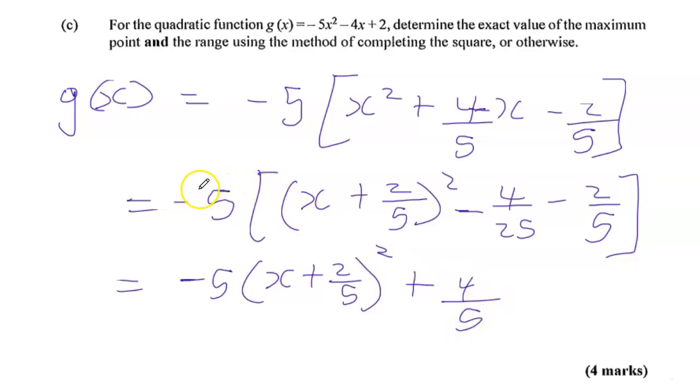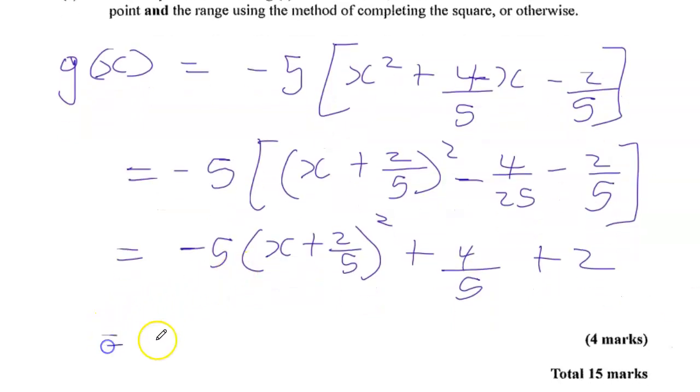And negative 5 times negative 2/5, that's actually positive 2. So this is minus 5 x plus 2/5 all square.